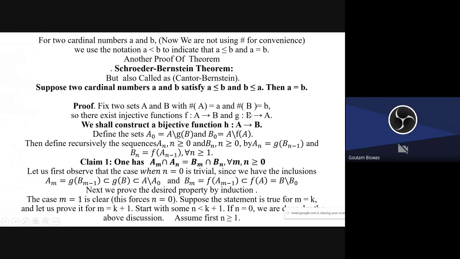Now g(B) is the set from g(B), so it will be a subset of A. So A0 is the set comprising elements of A but with g(B) deleted. And B0 is the set comprising the elements of B but with f(A) deleted. So remember these two definitions.